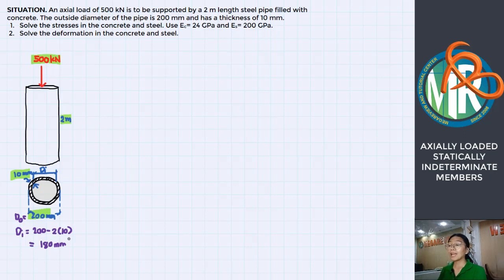For the preliminary calculation, let us get the area. As you can see, you have here two materials. You have the concrete and then the steel. Let us first get the area of the concrete, which is a circular area. This gray part, right? Because the hole of our steel pipe is filled with concrete.